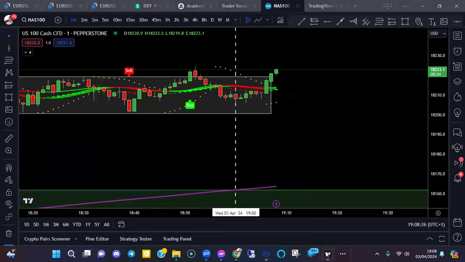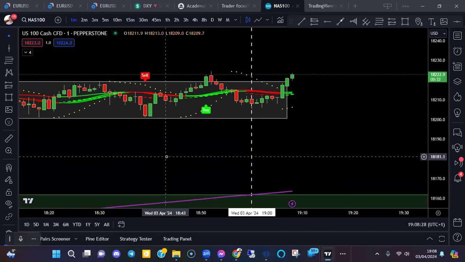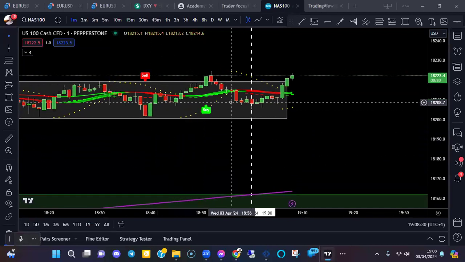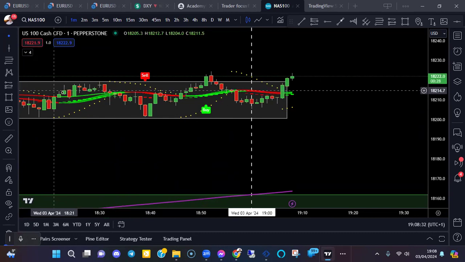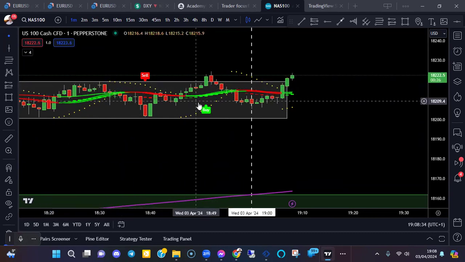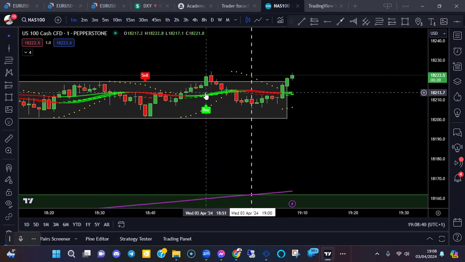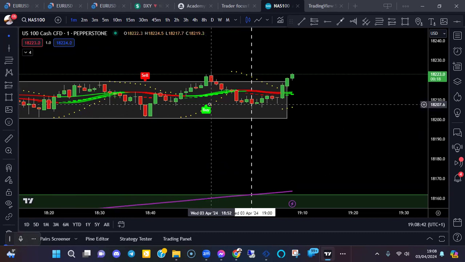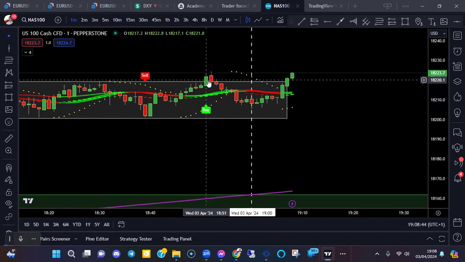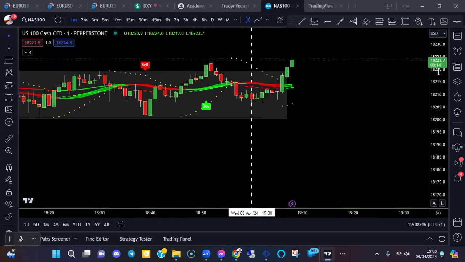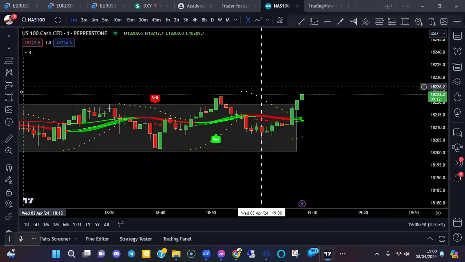But if you had taken the trade when the buy alert happened, you would have noticed this was all consolidation. And you might have been tempted because of the candle getting out of the consolidation area with the buy alert. And if you'd done that, sadly, you would have lost the trade.